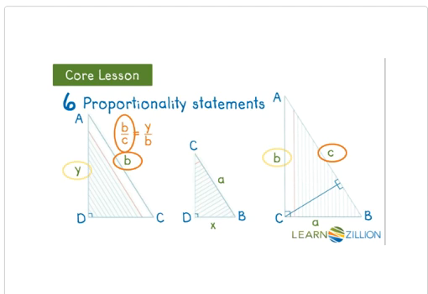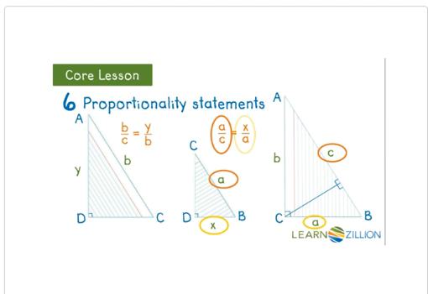And if we compare the longer legs, we get the ratio of y to b. Now we'll compare the smaller triangle to the largest, and we compare the two hypotenuses and get the ratio of a to c, which is equal to the ratio of x to a, the ratio of the shorter legs.